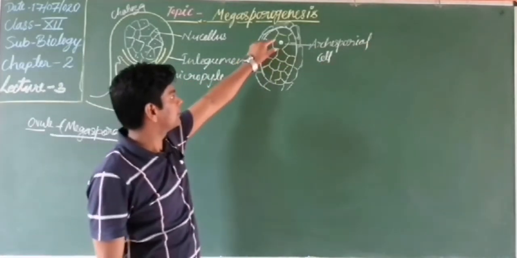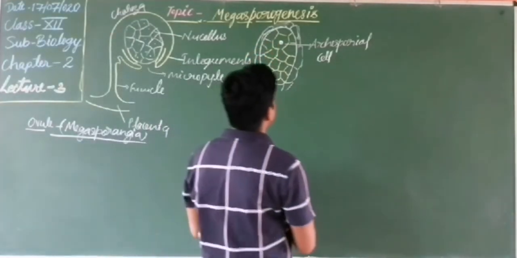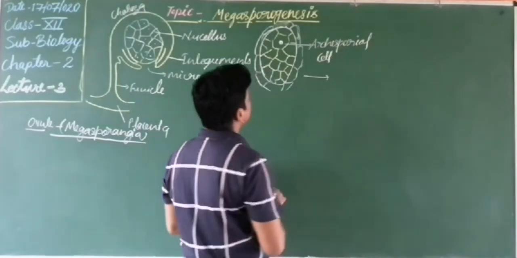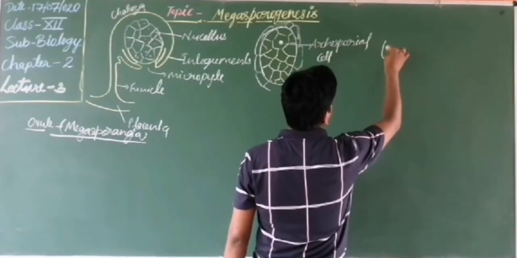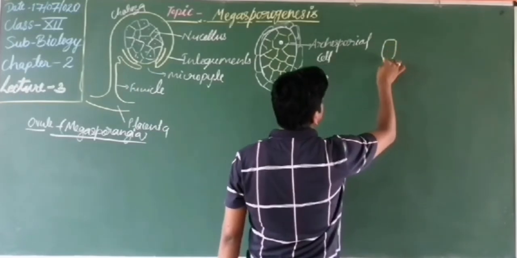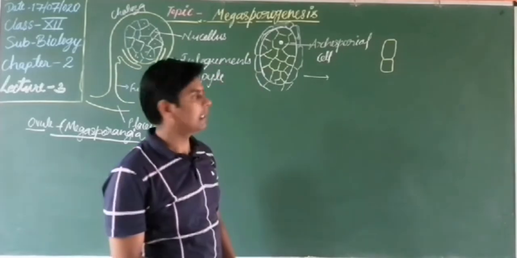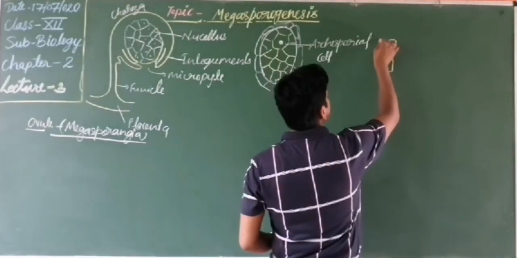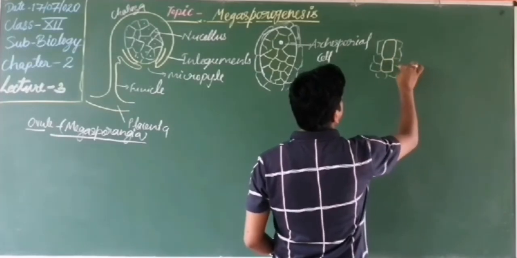Now this archesporial cell divides periclinally. Which division occurs? In this structure, this archesporial cell forms two cells inside the nucellus.